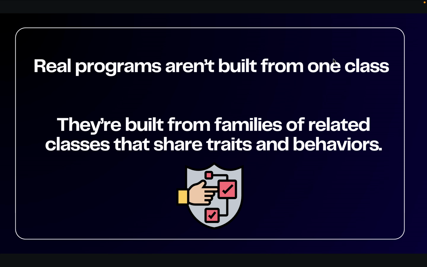So really, when you're creating complex Java programs, you'll never be using just one class. You'll create various classes, and all of these classes may connect in some way. But as you're creating these classes, they may have some relation or shared traits or behaviors.